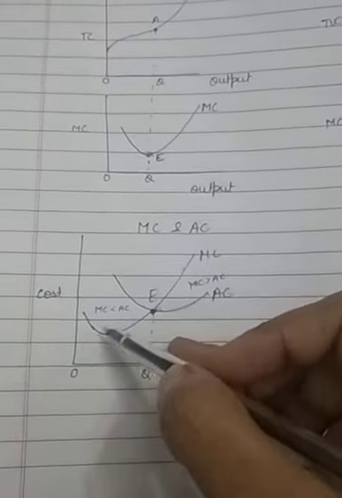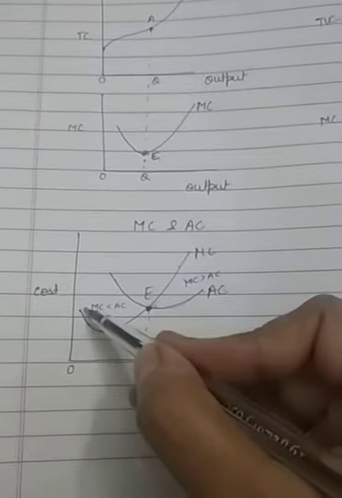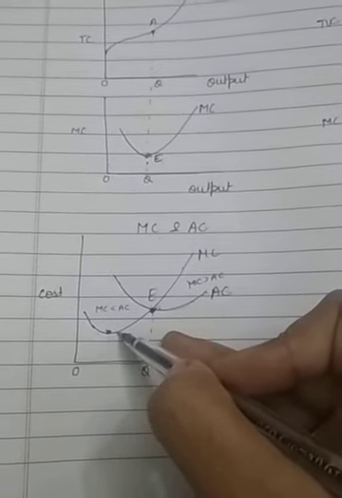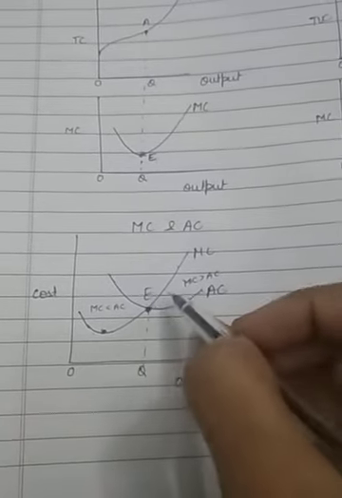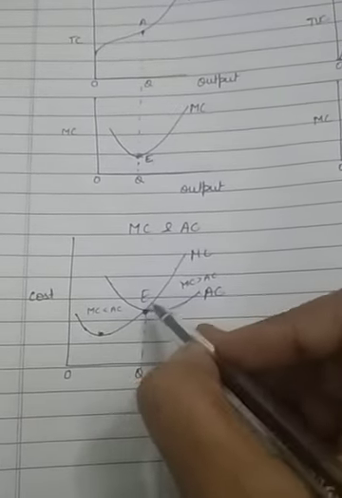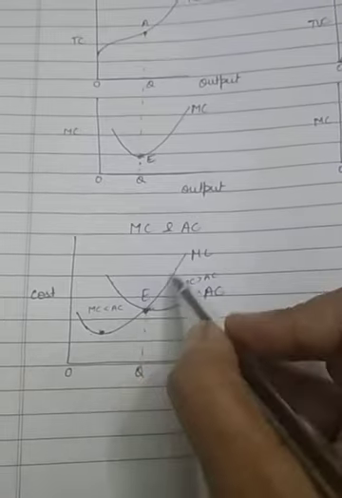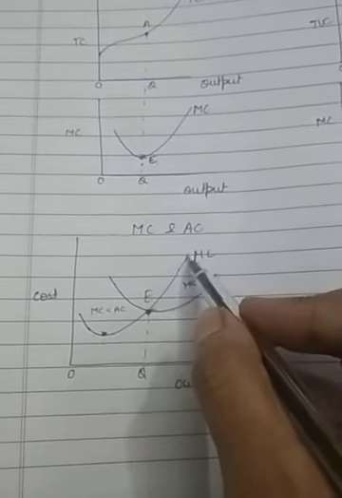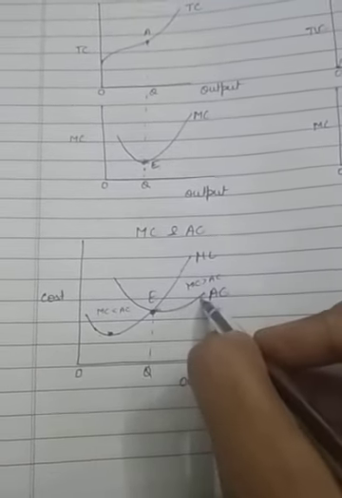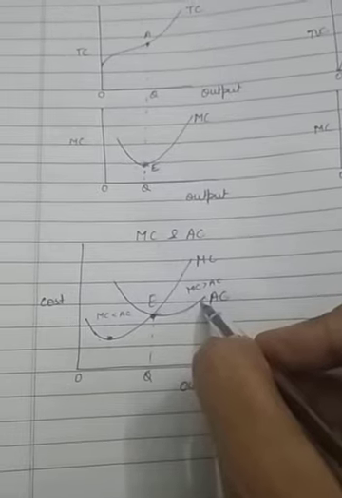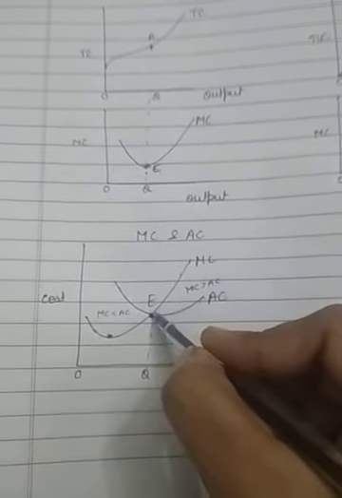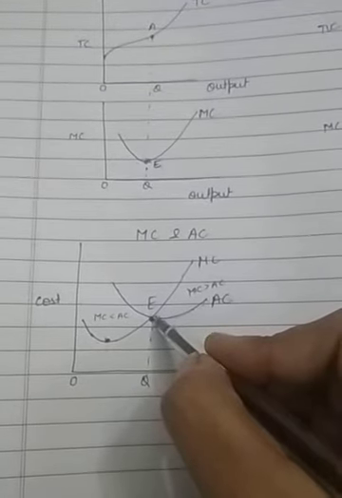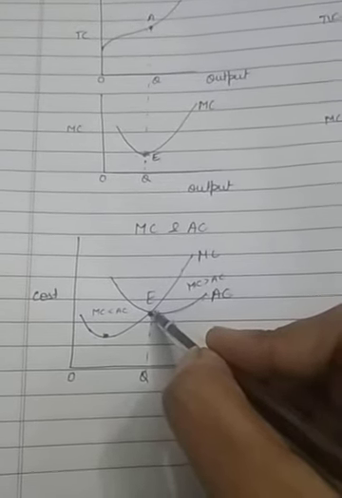Okay, first point, when AC decreases, MC is lower than AC and MC is lesser than AC till the point E. Beyond point E, when AC rises, MC also rises, but it rises more rapidly and MC is greater than AC. And third point, MC and AC: MC cuts AC at its minimum point or the lowest point.